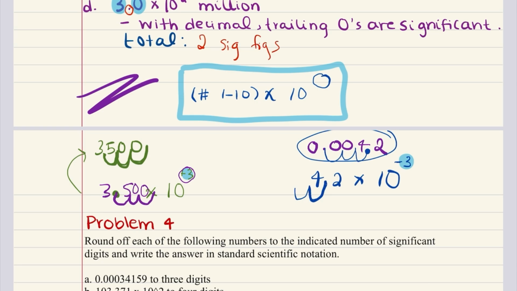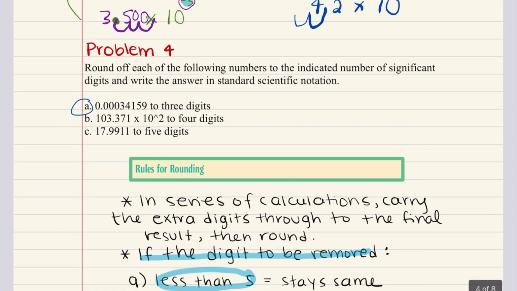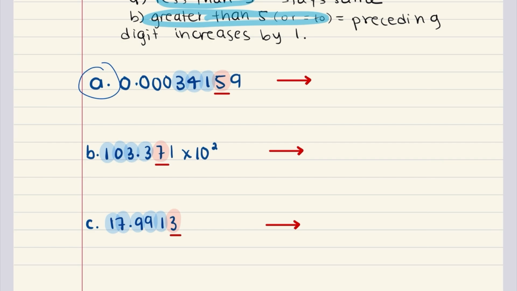Okay, now that we've covered this, let's tackle our problem. A says we have this number that we want to round to 3 digits. Okay, so what I've done here for part A is I've highlighted the first 3 significant digits in blue. And that means that this 5 right here that is right after the first 3 significant digits is going to be removed.